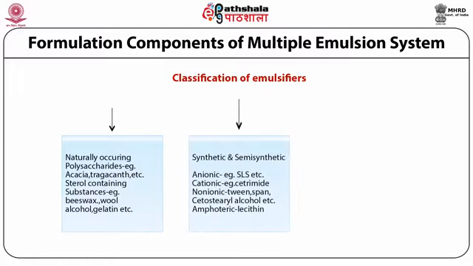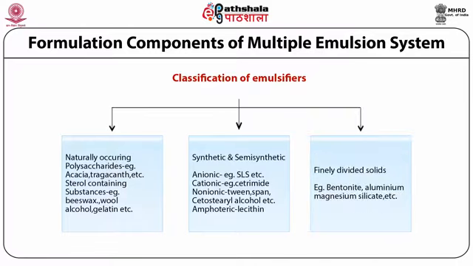Another class is synthetic and semi-synthetic emulsifiers, in which the anionic emulsifier example is sodium lauryl sulfate, cationic example is cetrimide, and non-ionic emulsifying agents, which are very popular, generally comprise Tween, Span, cetostearyl alcohol. Amphoteric lecithin is an example. Another class which we can use as an emulsifying agent is finely divided solids, under which bentonite and aluminum magnesium silicate can be used.